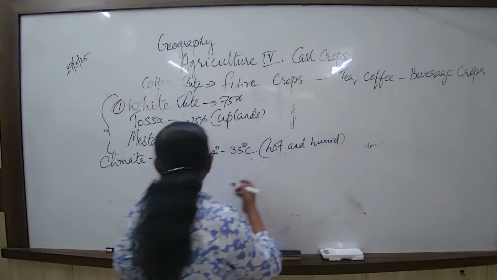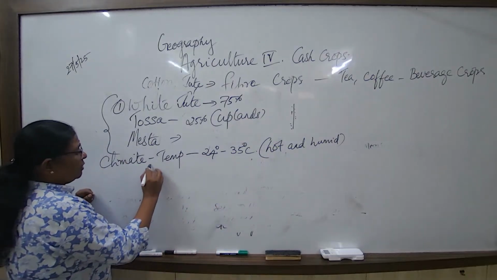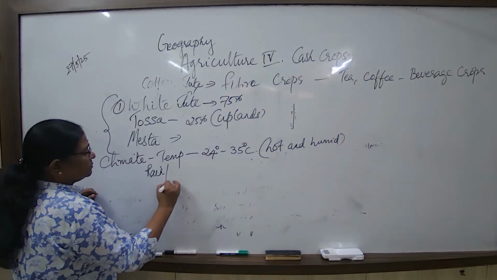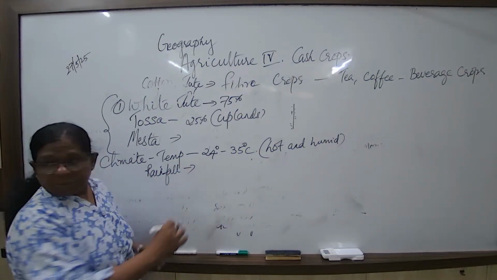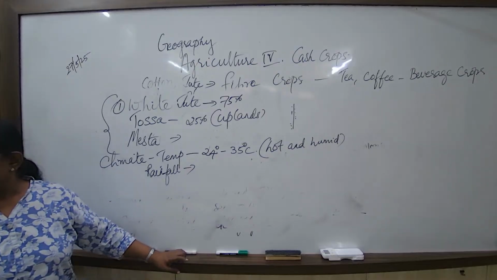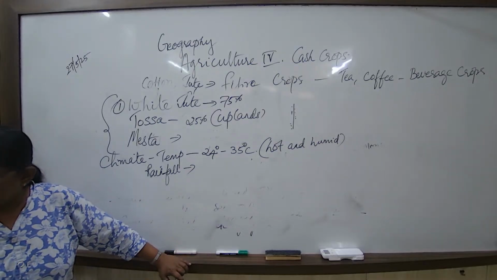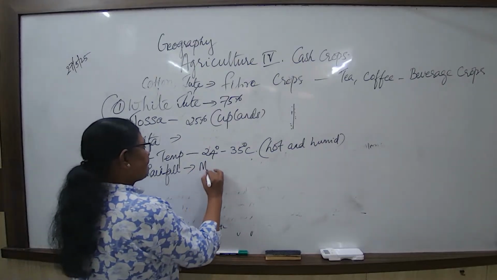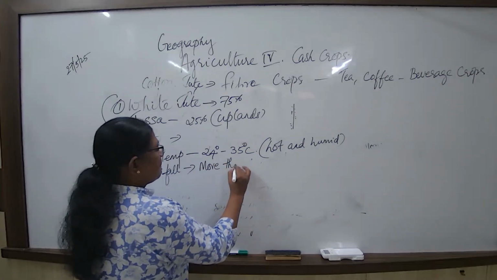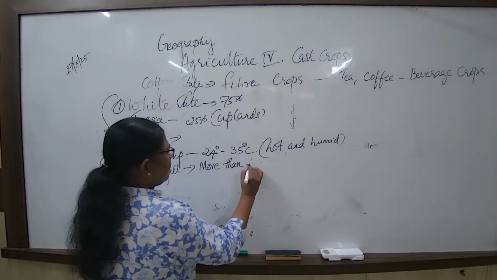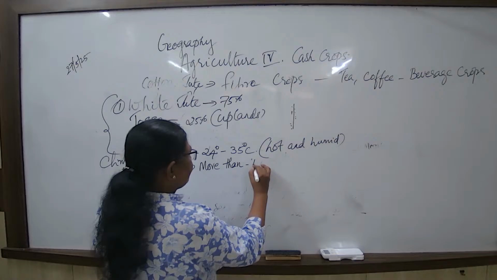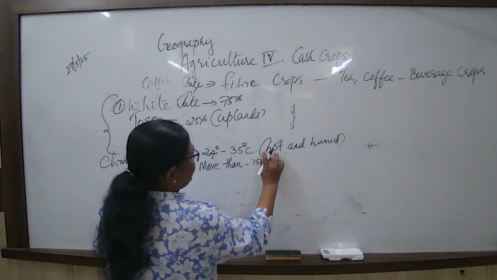Then rainfall. How much rainfall is required? Annual rainfall more than 150 centimeter, about 2.5 to 7.5 centimeter of rain in a month during the sowing period.